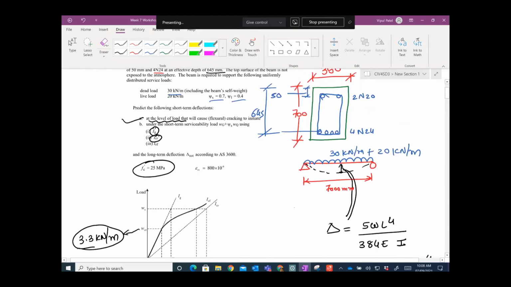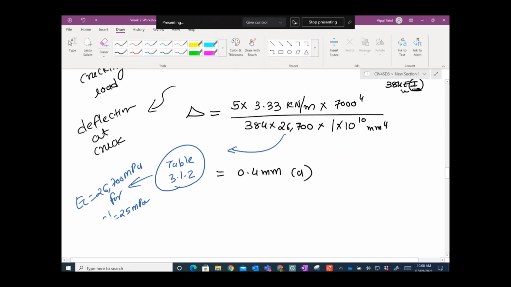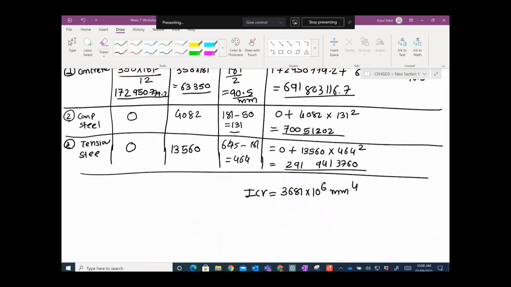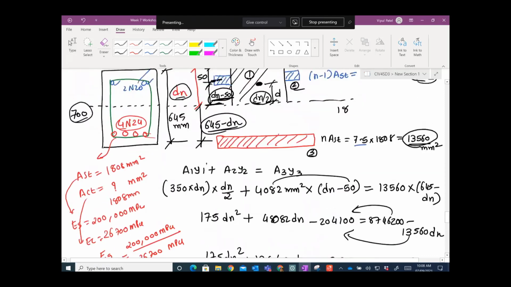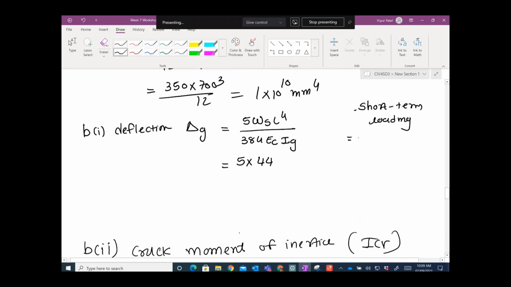Here is short term loading. Short term loading would be 30, 20, psi short 0.7. So short term loading first we calculated. Let's do the short term loading: G dead load plus short term factor times live load.